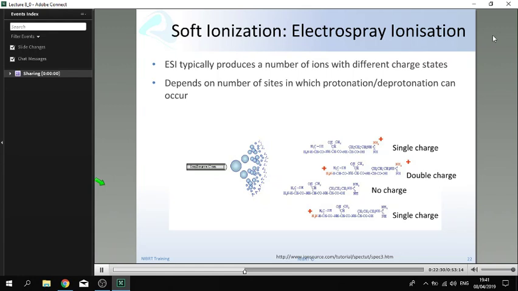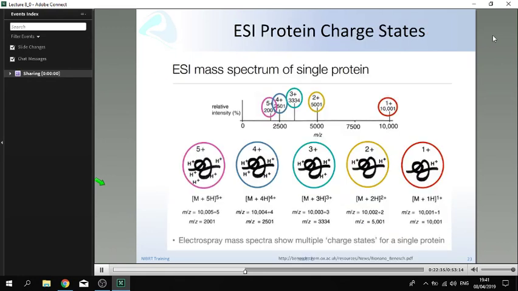So we can get single charge proteins, double charge proteins, we can get proteins with no charge, we can get proteins again with single charge but charge on the other side of the protein. Okay, so a single protein can look like this.